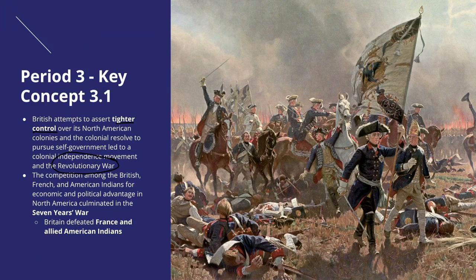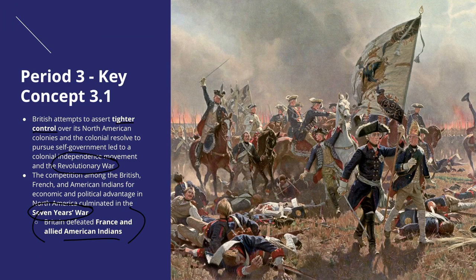And the competition among the British, French, and the Native Americans for economic and political advantage is going to intensify immensely. This is going to lead us to the Seven Years' War. And then we know that the result of the Seven Years' War is that Britain defeated the French, and now they're allied. And those allies of the French are the Native Americans.